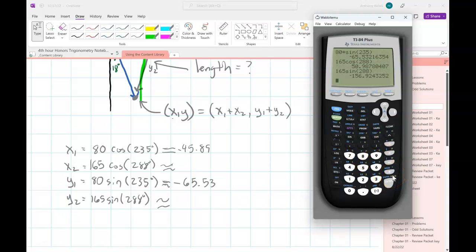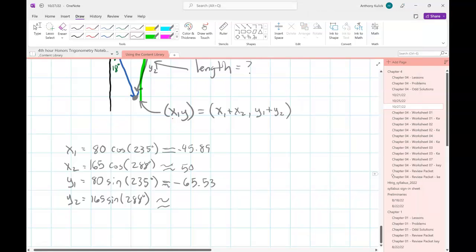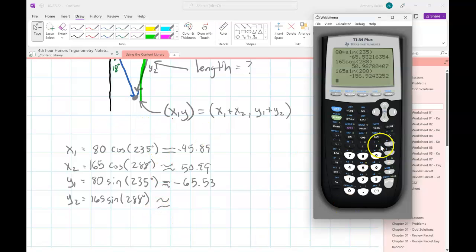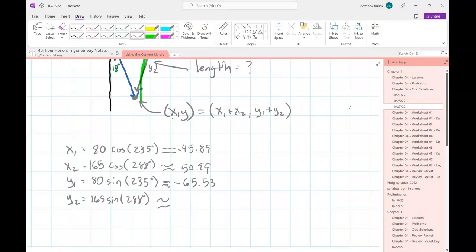So I have 50.99 and then $156.92. Negative 156.92.